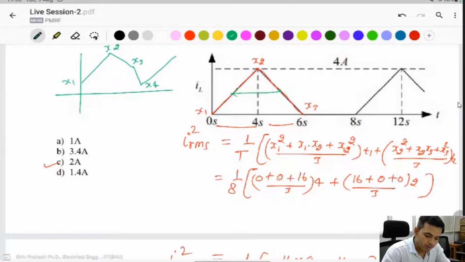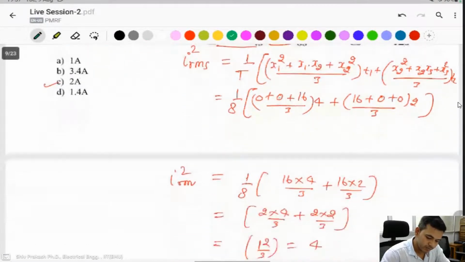But for the total time period, the wave starts from 0 to here, and the second waveform will start here. 0 to 8 you can take as the total time period. You cannot take only 6 as the time period, because up to 6 is the discontinuous current, but the next wave will start from 8 seconds. So you can take 0 to 8 as the time period of this waveform.